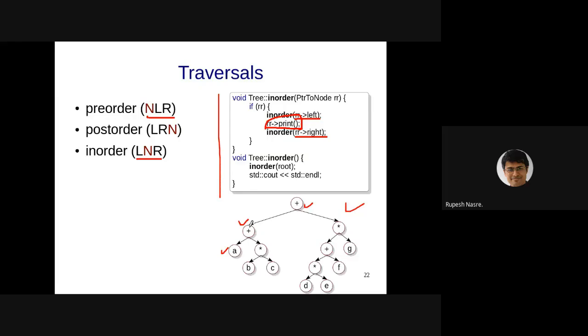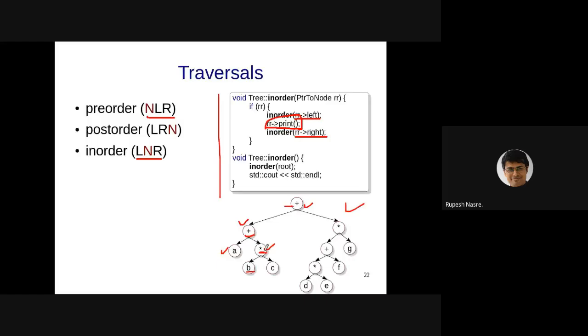Therefore I push it to the stack. At this stage, I am going to go to the left and print this since it does not have any children. Then I go back, I print this, pop it from the stack, and since I have completed processing of its left child, I'll print it and push the right child.